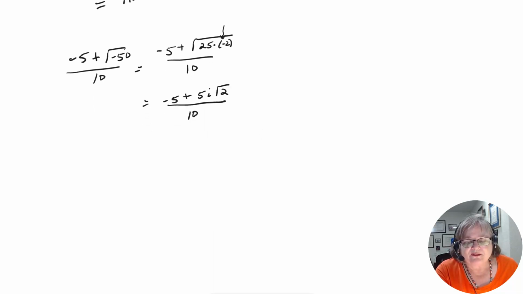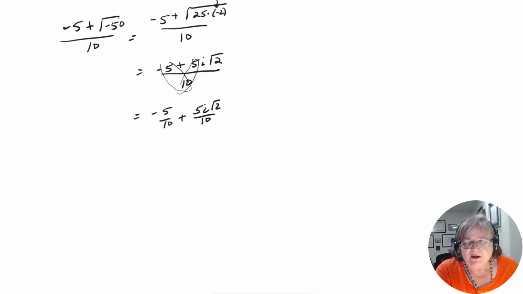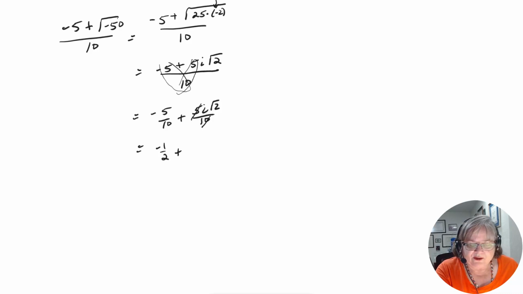And you can see that there's a 5 in common, right? It may help you to write it this way. Negative 5 over 10 plus 5i square root of 2 over 10. So this reduces to negative 1/2. And then this 5 over 10 reduces to i square root of 2 over 2.